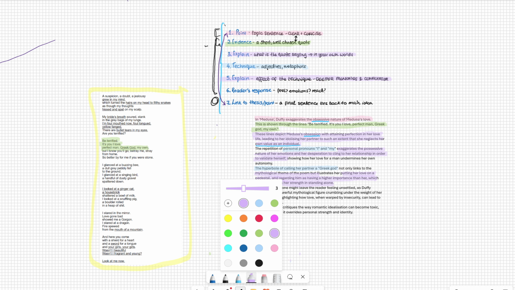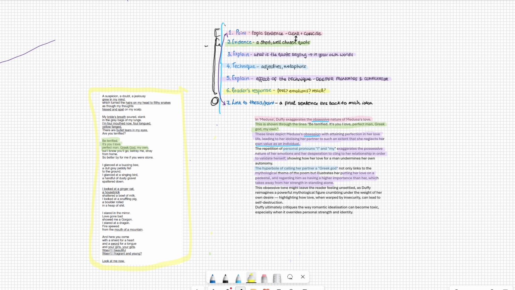So our reader's response is seen, in fact, in the very next line, where she says, "The obsessive tone might leave the reader feeling unsettled as Duffy reimagines a powerful mythological figure crumbling under the weight of her own desire." So, not only have we said how the reader would respond, we've explained why the reader would respond in that particular way.